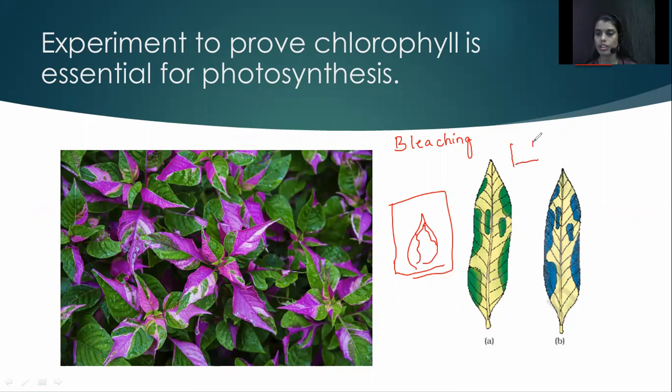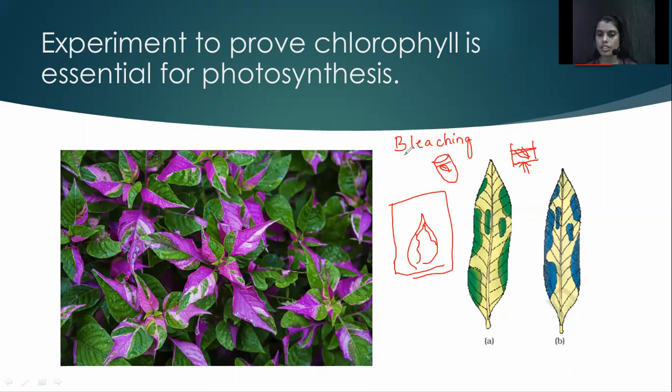Now what do we do? We'll take a beaker, put the beaker on the burner with boiling water, and put the leaf in this beaker to kill the leaf. Now this leaf is taken into a test tube which has alcohol solution. Fine. And we will heat this alcoholic solution till it starts to boil.